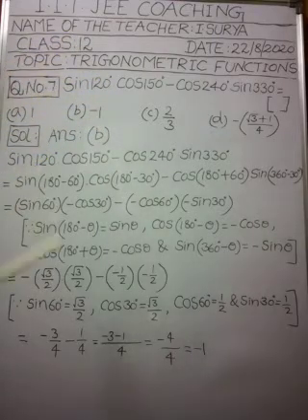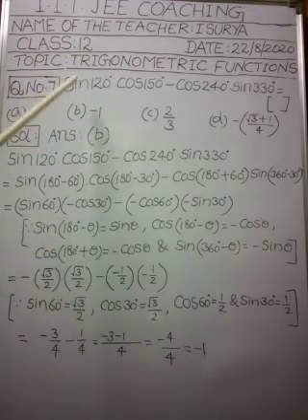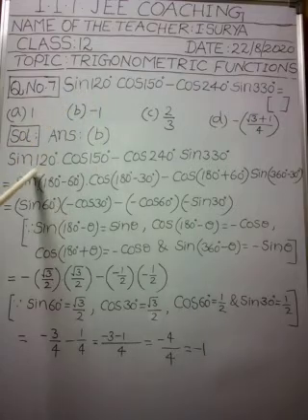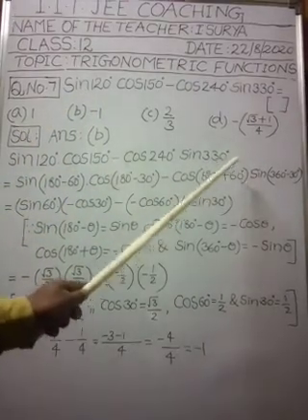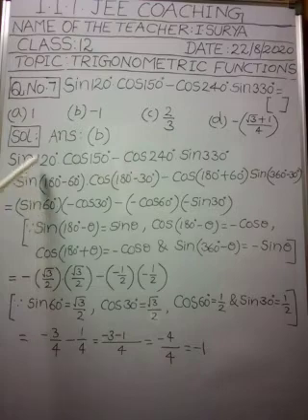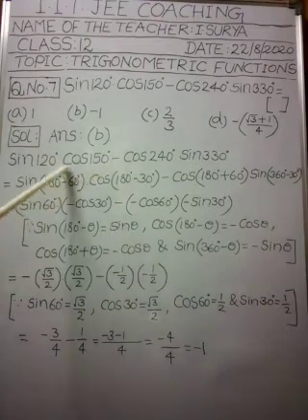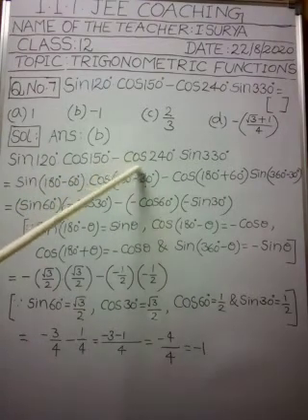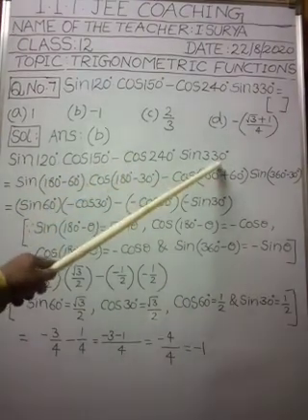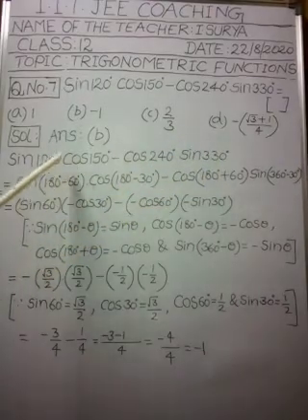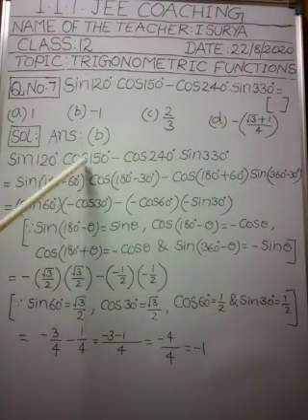Let us see the explanation part. I wrote the given expression as it is: sin 120 degrees. If you observe this expression, there are only two terms. This entire part is the first term and this entire part is the second term. Each term is written as a product of two factors.